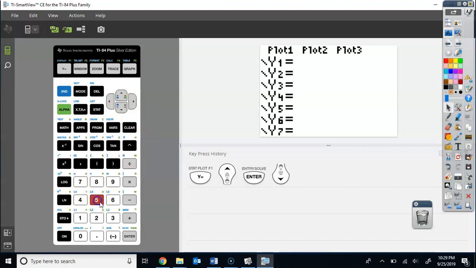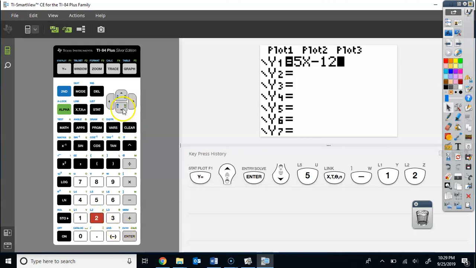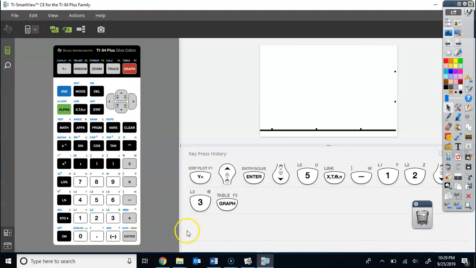I can type in 5 times x. My x is going to be right here in this little button, minus 12. Then I can type in for my second equation, y equals 3, and I can hit the graph button.